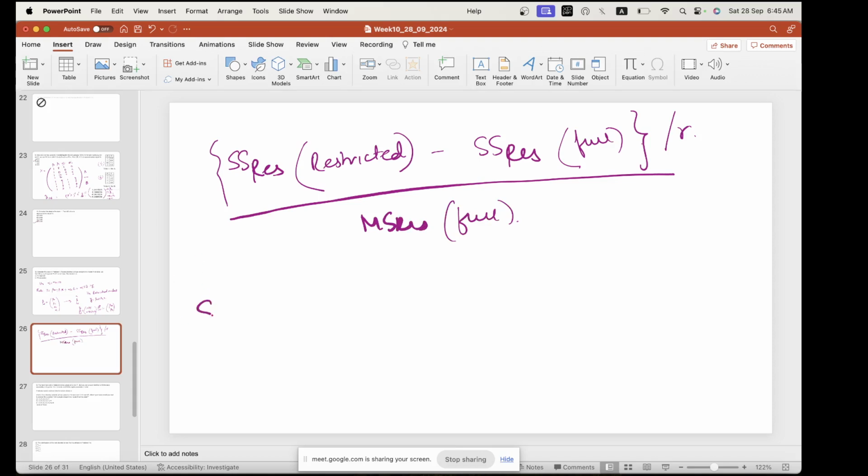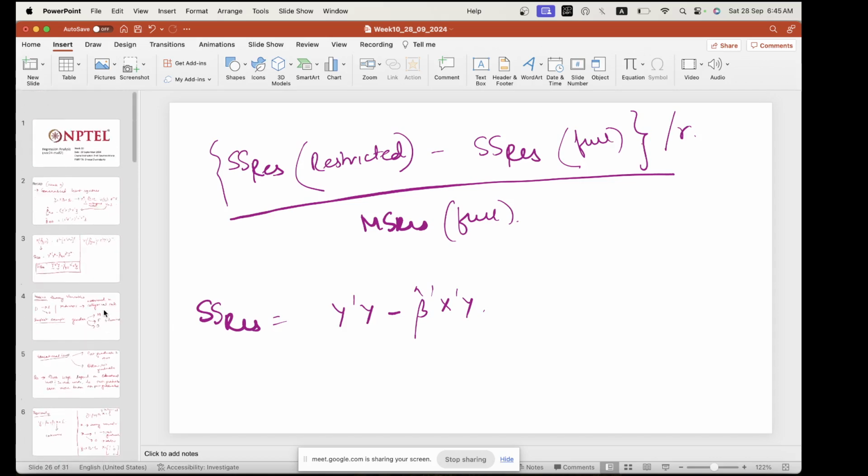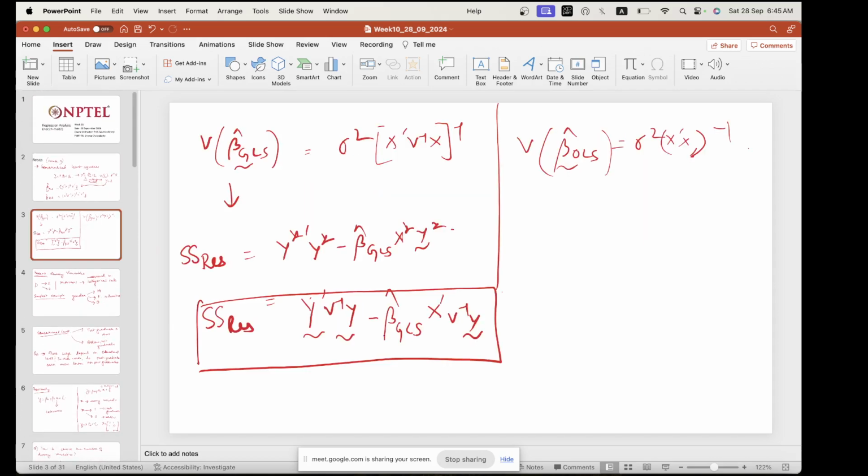Now SS residual is how much? We checked y prime y minus beta hat x prime y. This is what we have learned.